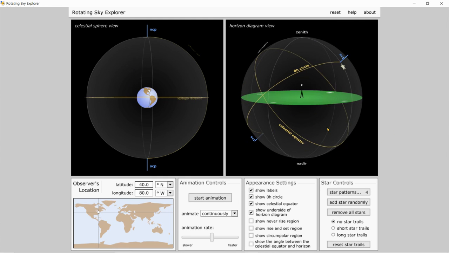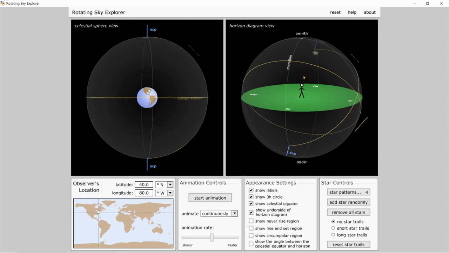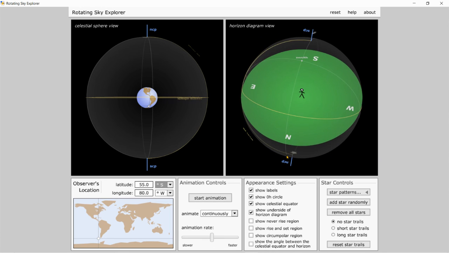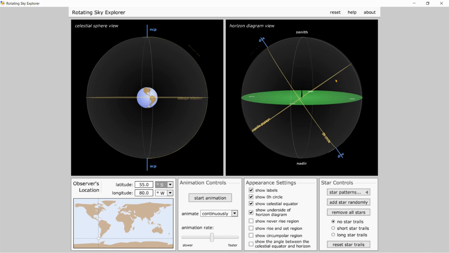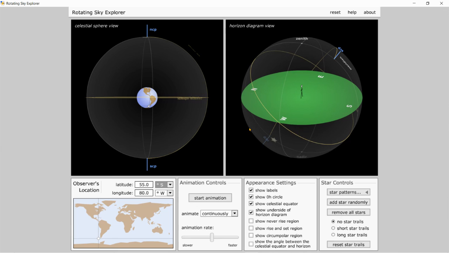And I'm going to make this easy for us. We have to get it to where that star is over here. And what we have to do, saving us time here, right here, 55 degrees south. 55 degrees south is where it has to be for that star.